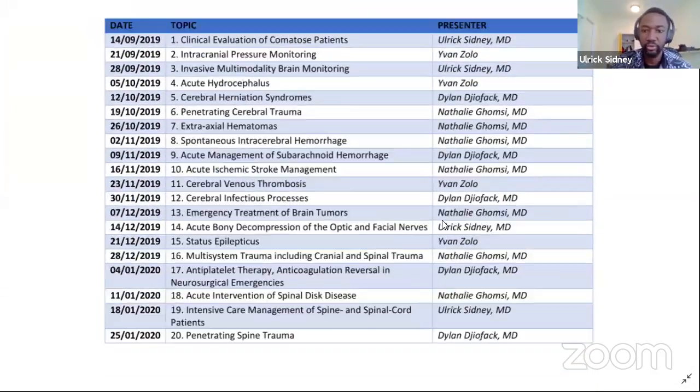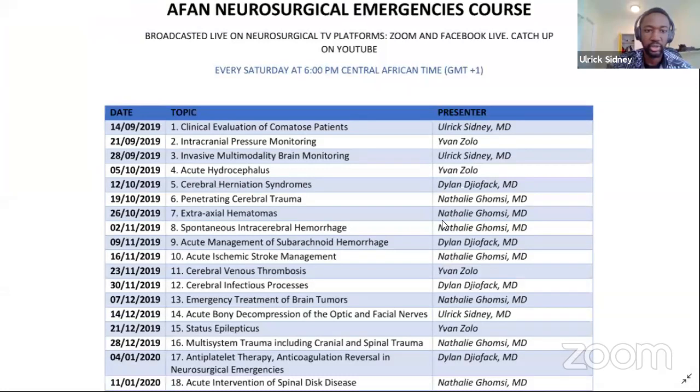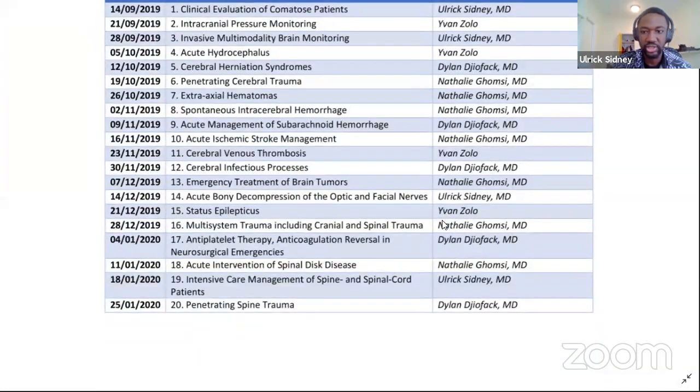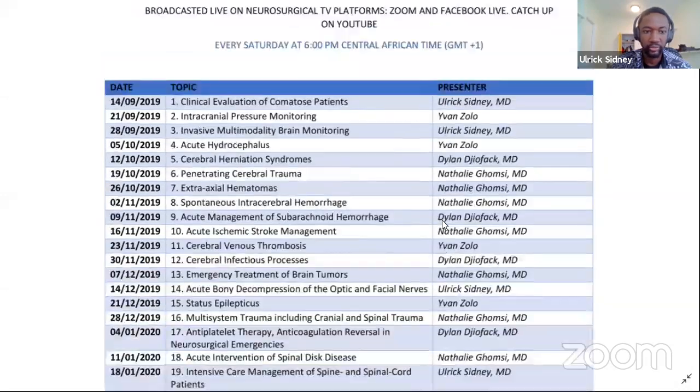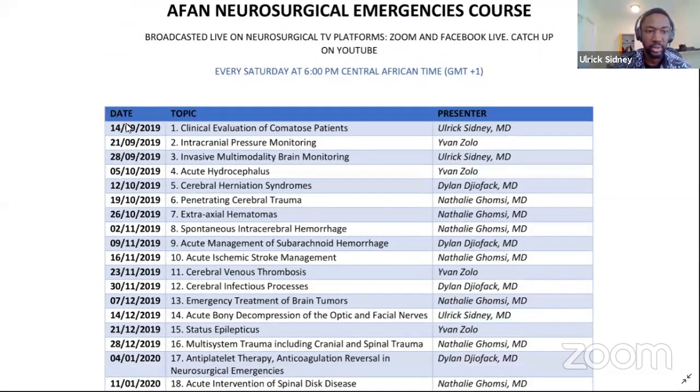Now there are a few presenters, as you can see here. If you want to take any of the presentations, please get in touch, and we can always change this, because a few of the presenters have quite a number of presentations. From next Saturday, we're going to start with clinical evaluation of comatose patients, and that'll be me. And this is the rest of the presentation.